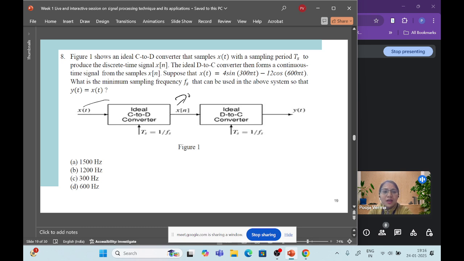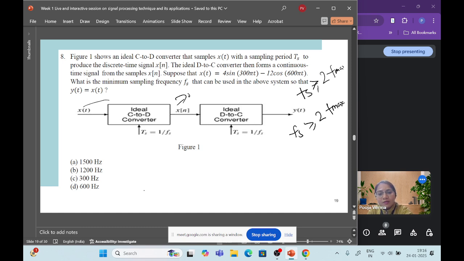So they are asking for Fs. Already we know from the Nyquist criteria that Fs should be greater than 2 F maximum, right? So now we have to find the F maximum value, then we will get Fs, because Fs depends on the F maximum value.